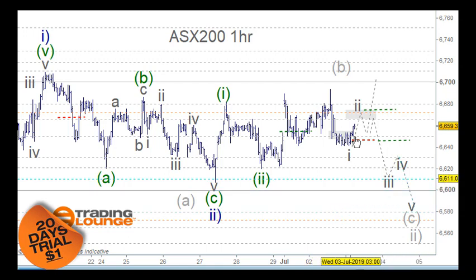Yeah. So both counts are equally as good. We can look at this as wave 1 here and wave 2 here, then 5 waves up here, or copy this for wave 1 here and back for wave 2 here, but we can't have this low here breached at any point. If it is breached, then we need to be short from this point.